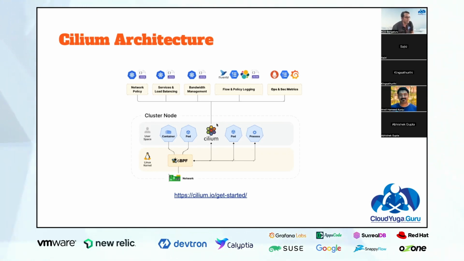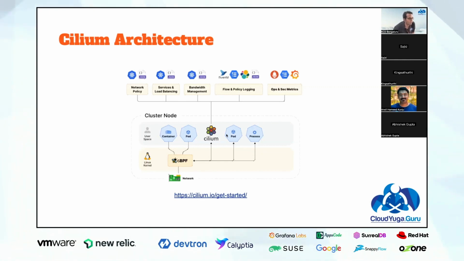Now Cilium basically sits on top of that eBPF driver, and then it can interact with the eBPF module of the kernel, and then it can interact with the other pods and the network you may have in the system. So Cilium can interact with eBPF, and through that it can interact with the other apps in the system along with the underlying kernel.